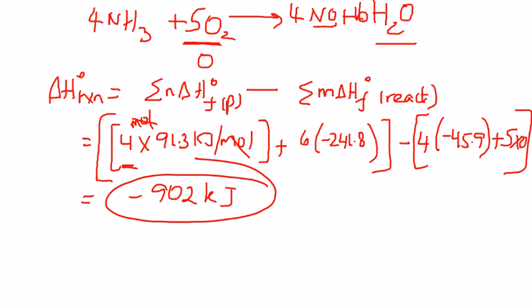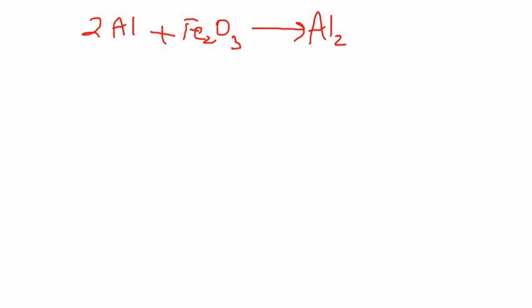There is another one that says here 2 aluminum plus Fe2O3 gives you Al2O3 plus 2 Fe. It's important to realize that you always begin with a balanced equation, and now again consolidate the products together.